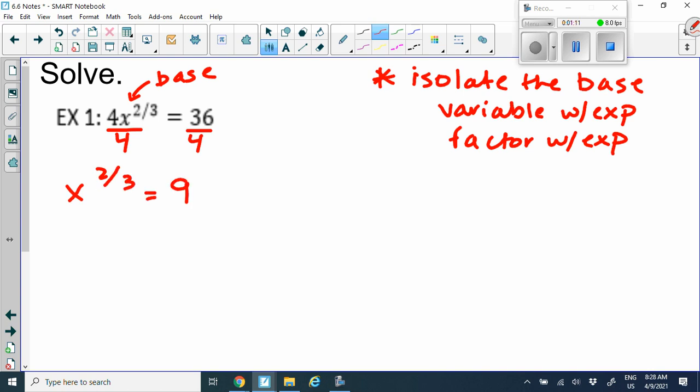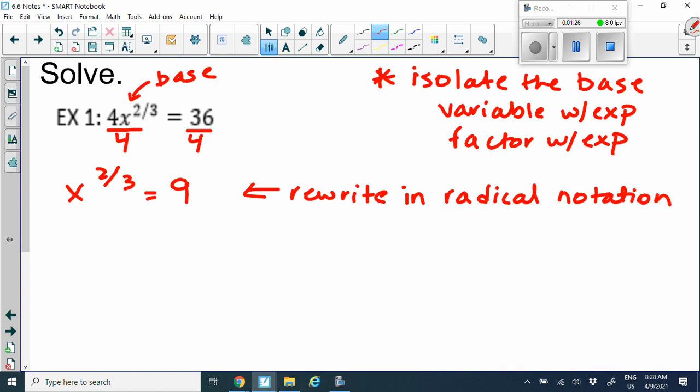Now, our next step is to rewrite our rational exponent in radical notation. This is going back to the very beginning of our unit. So remember, x is our base, 2 is the exponent, and 3 is the root.